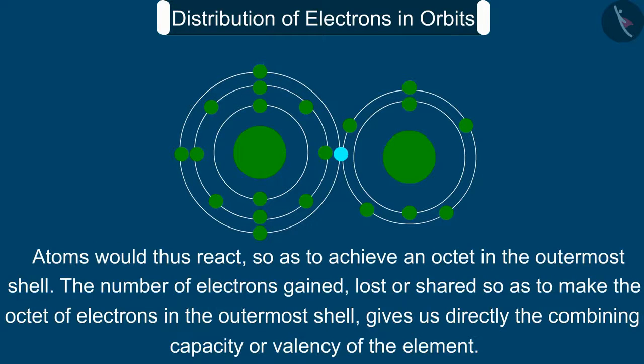The number of electrons gained, lost, or shared so as to make the octet of electrons in the outermost shell gives us directly the combining capacity or valency of the element.